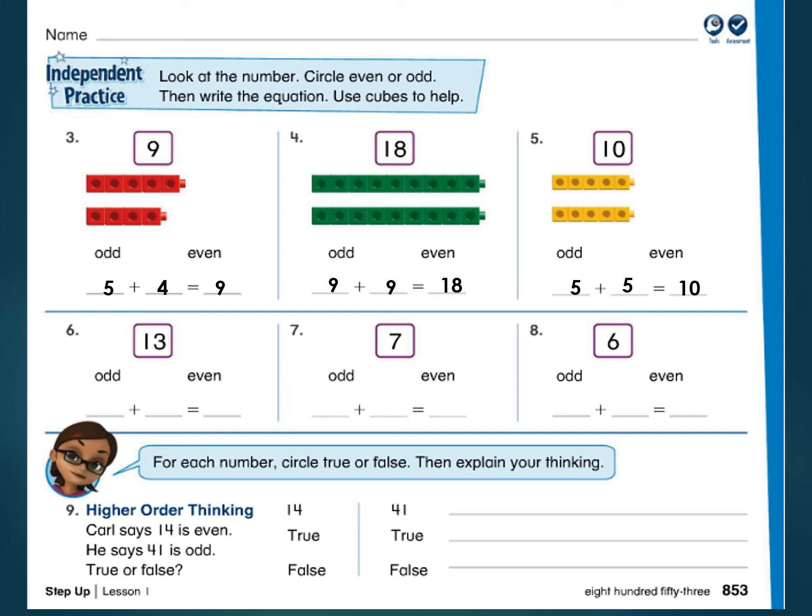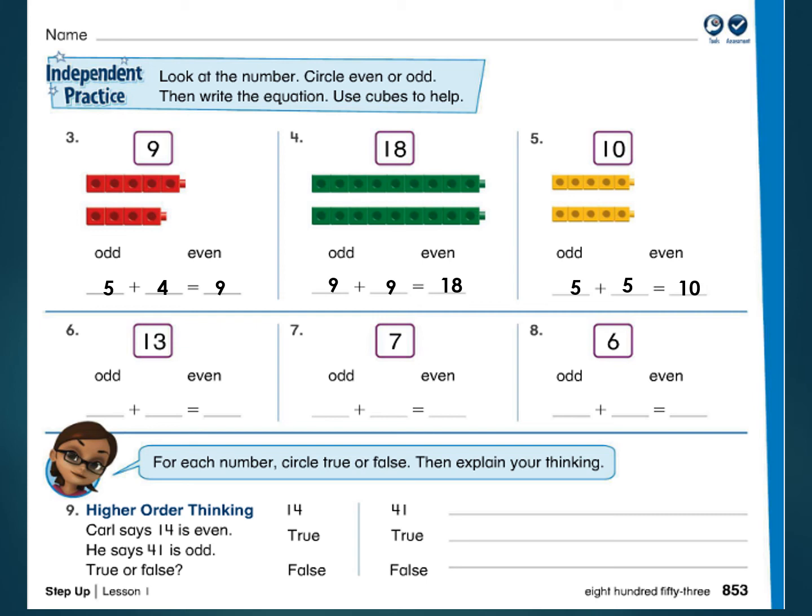What about the equation? How will we know it? Listen to me, boys and girls. I will draw cubes up and down till I reach number 13. Then see how many cubes in the first row and the second row to know the equation.